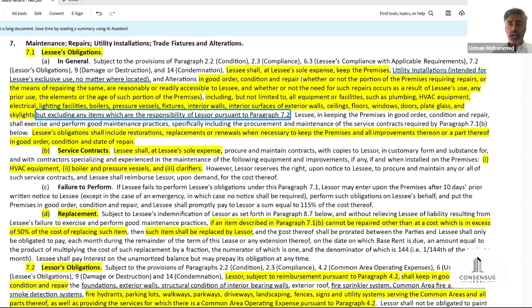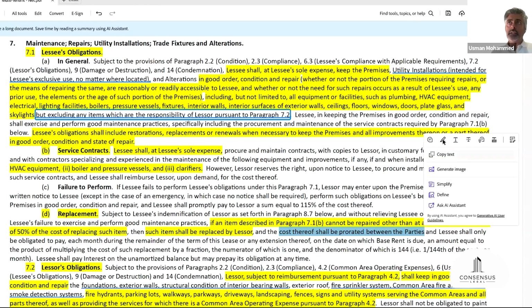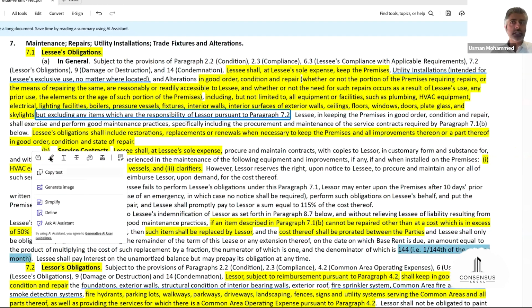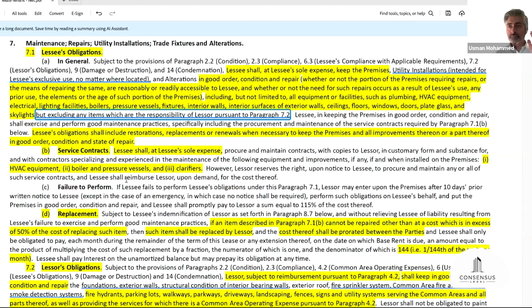And with respect to the cost, how is that cost shared? That cost is prorated between the parties. And lessee is only responsible for one 144th per month. So let me just explain that in plain English. Basically, the cost of the HVAC replacement would be amortized over 12 years.